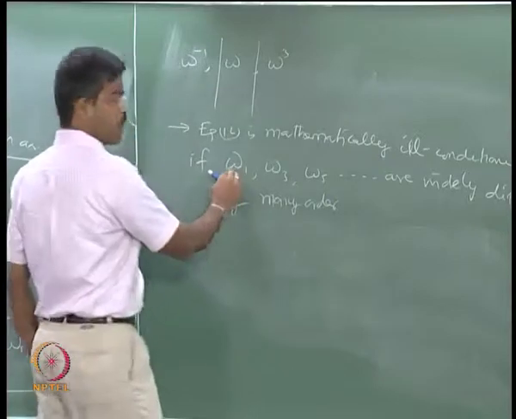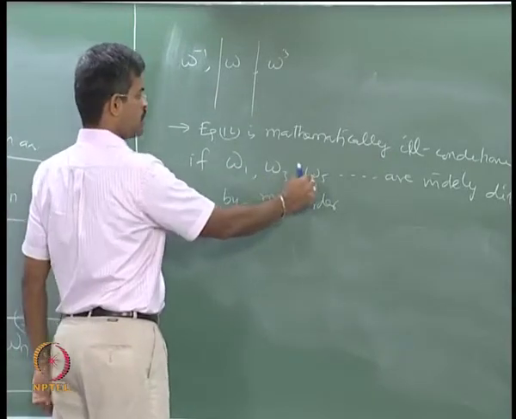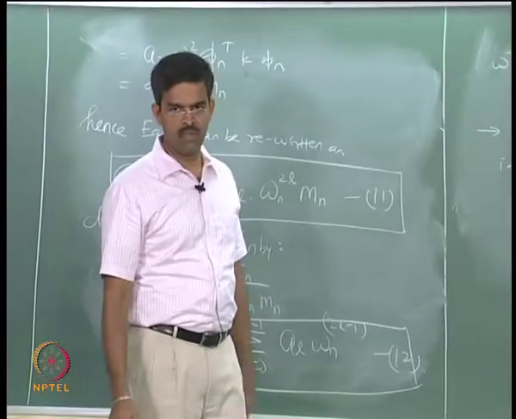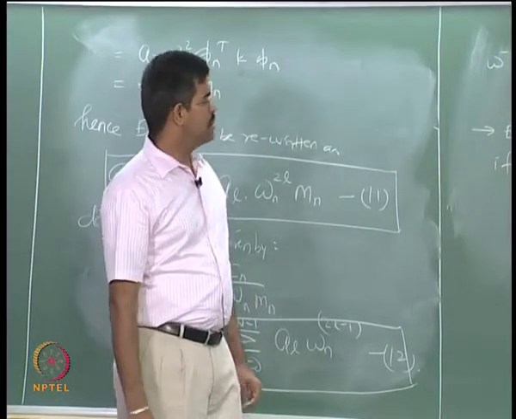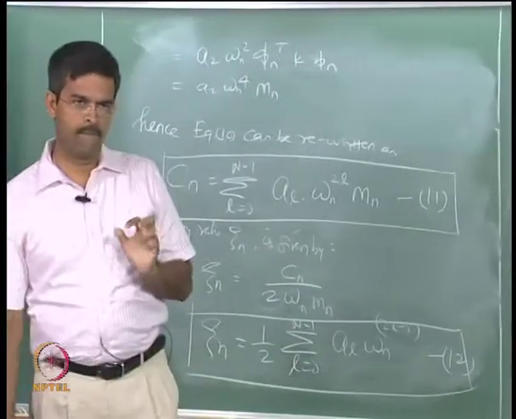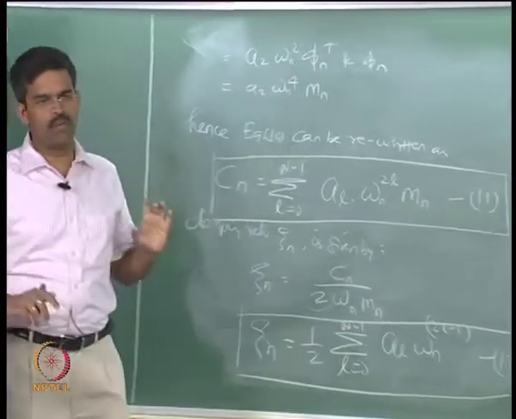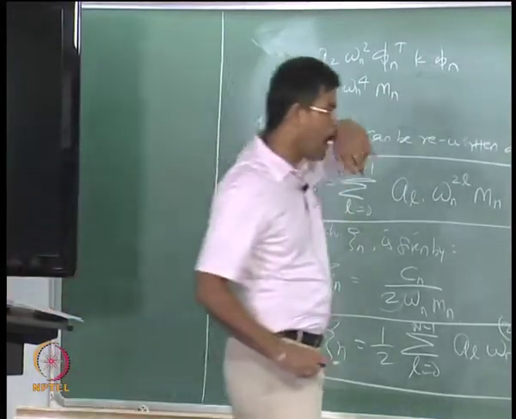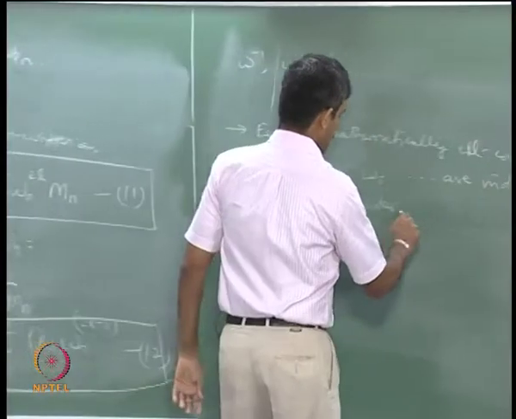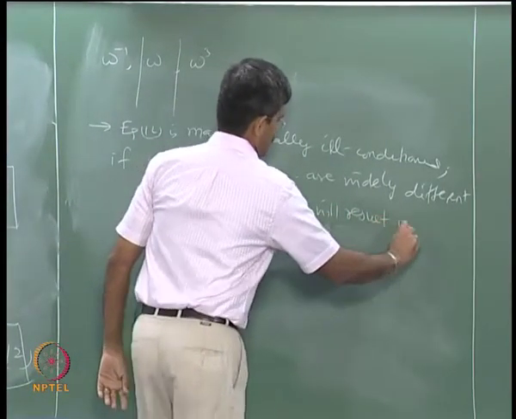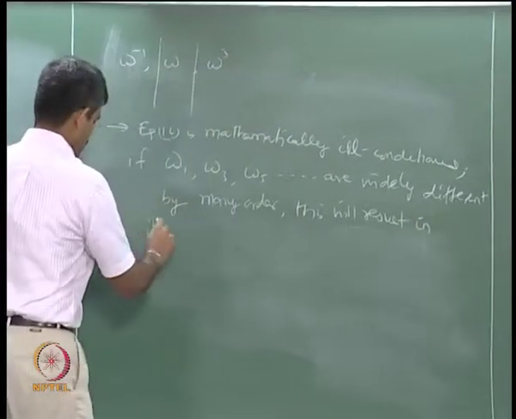For example, this is 1, this is 15, this is 200, etc. Very widely different by many orders. Okay. This will not give you the correct representation of damping. Okay, that will be the problem. This will result in ill condition.